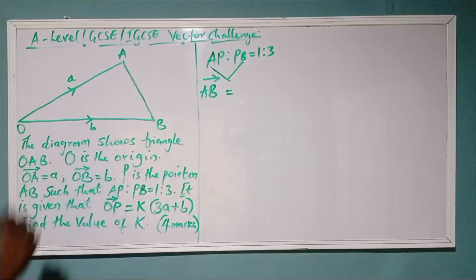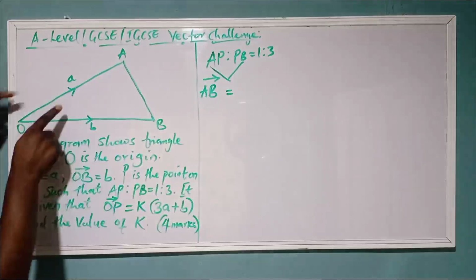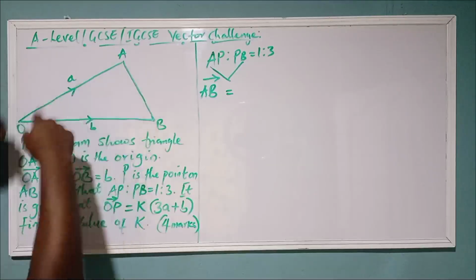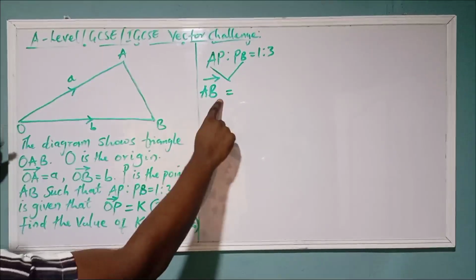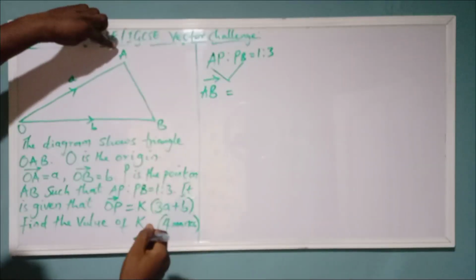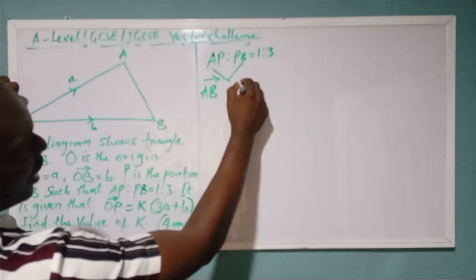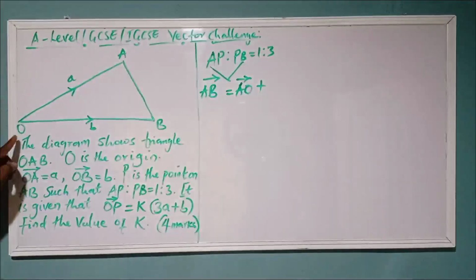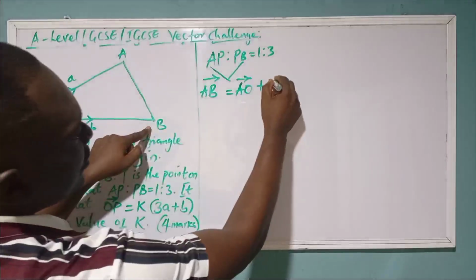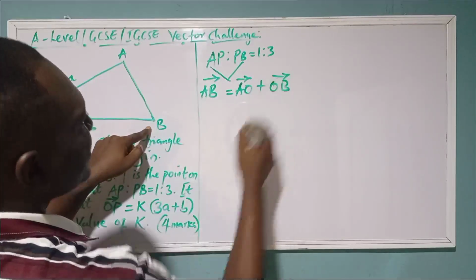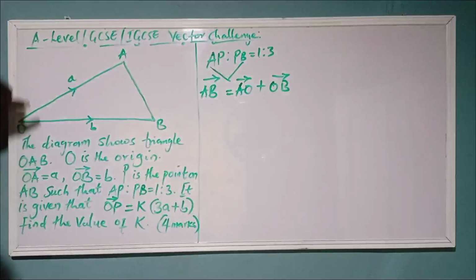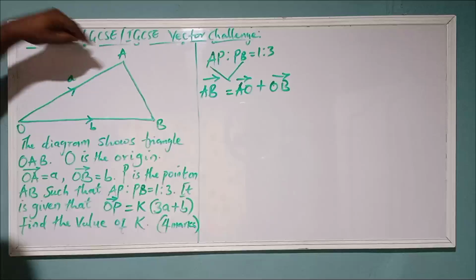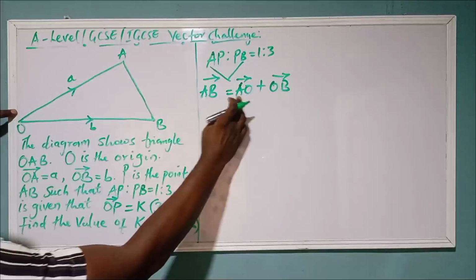Now, if you are moving in the opposite direction to the arrow of the vectors, your answer is going to be negative. So if I want to find AB, I will start moving from A to O, so I will have AO, then plus the next vector, OB. Now, we go from O towards A here, but what we wrote here is AO.